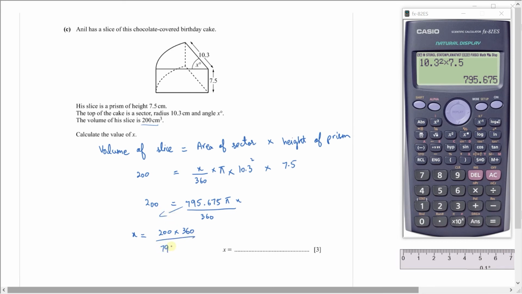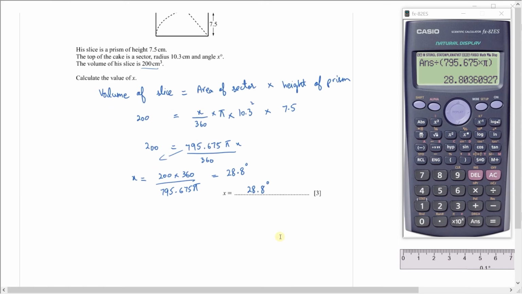So let's calculate this: 200 multiplied by 360, and then this divided by 795.675 multiplied by pi. So this is 28.8 degrees up to one decimal place. So this angle x here is 28.8 degrees.